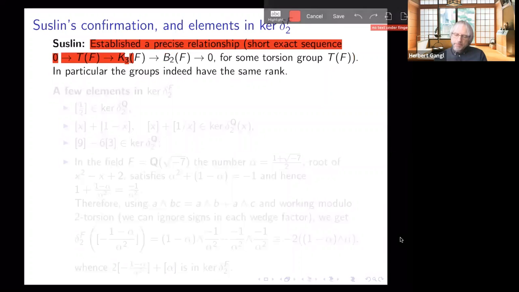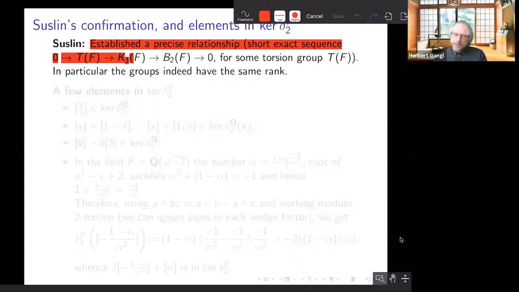Okay, so-called K3 indecomposable, which is a piece of K-theory, but even then the ranks will not differ, so it has the same rank as B2.